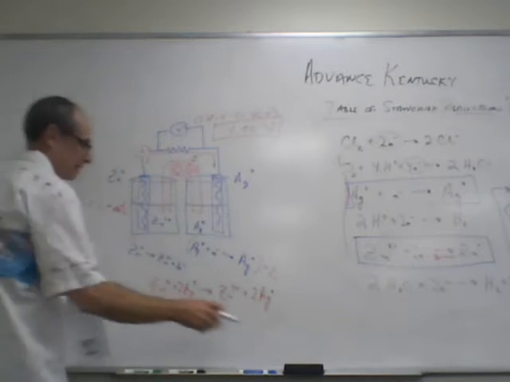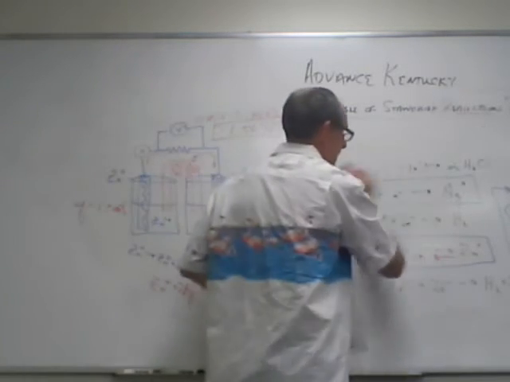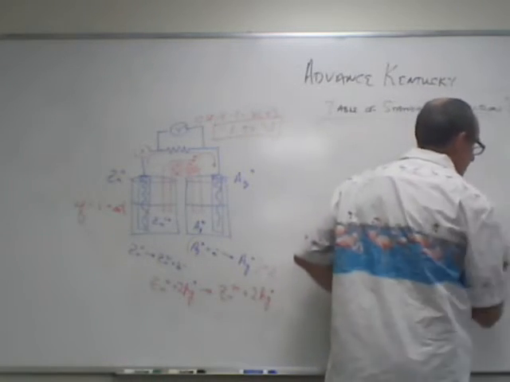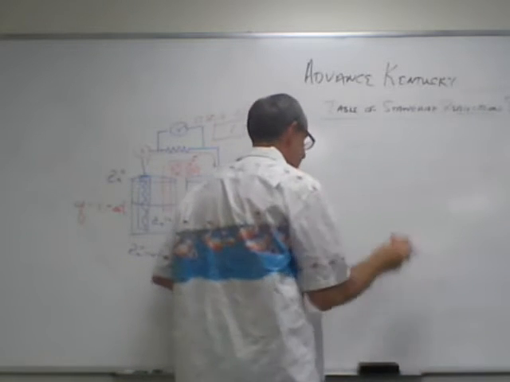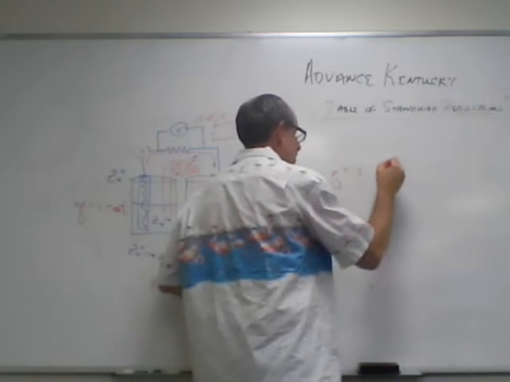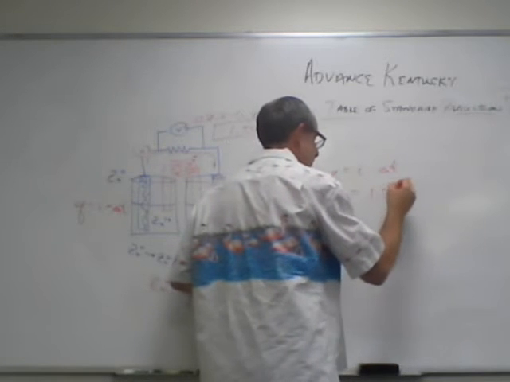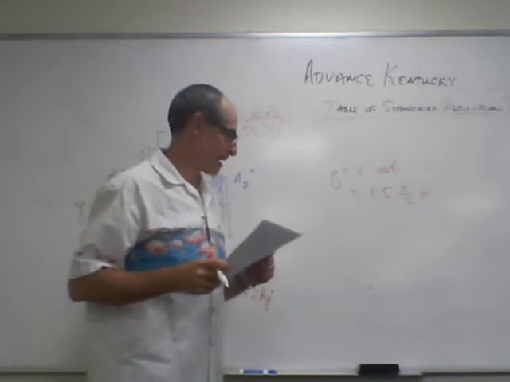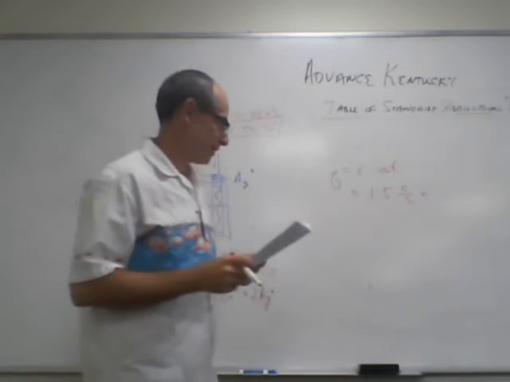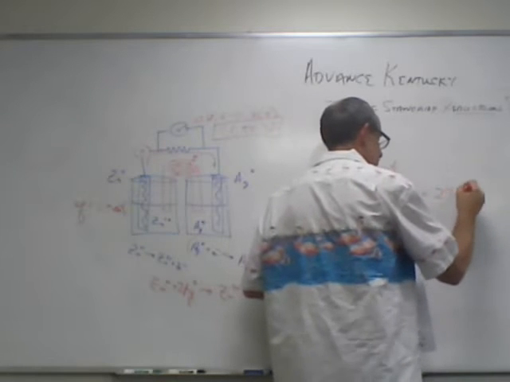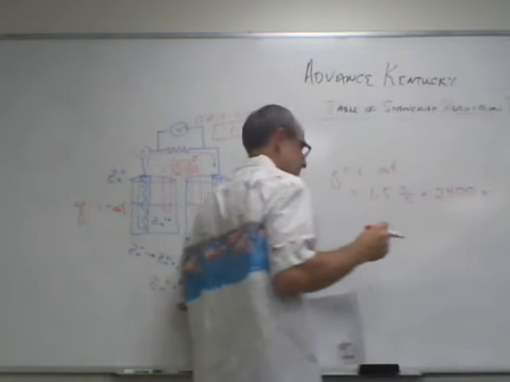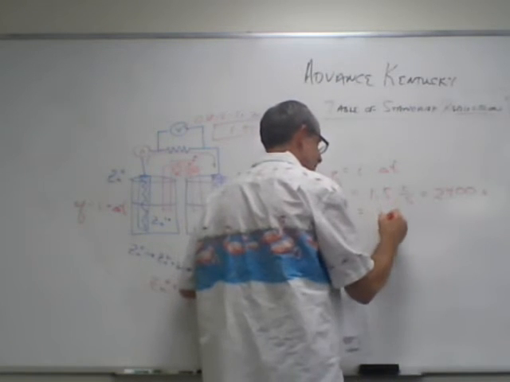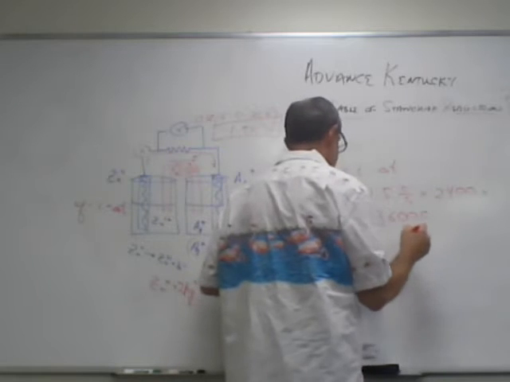So 1.5 amps would be equivalent to 1.5 coulombs per second times, we could multiply by 40 minutes, but we absolutely need to convert that to seconds. I'll just do that in my head and then call out 2,400 seconds. Some of you can certainly write out an extra step there, and that gives us 3,600 coulombs of charge.